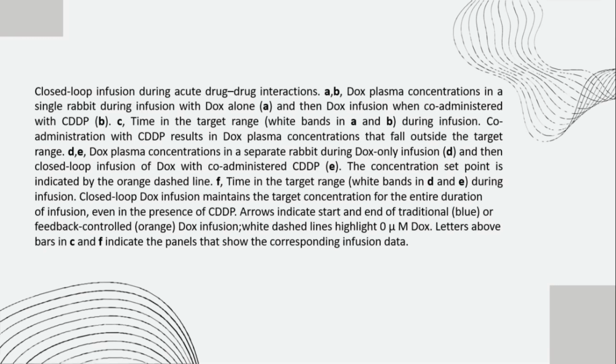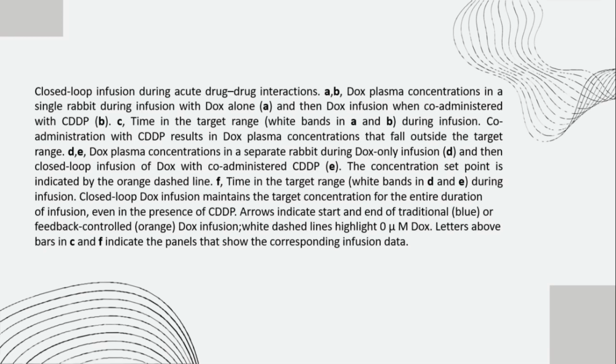D and E, dogs plasma concentration in a separate rabbit during dogs-only infusion (D), and then closed-loop infusion of dogs with co-administered CDDP (E). The concentration set point is indicated by the orange dashed line. F, time in the target range, the white band in D and E, during infusion.